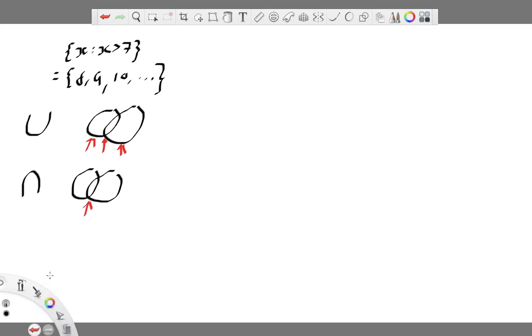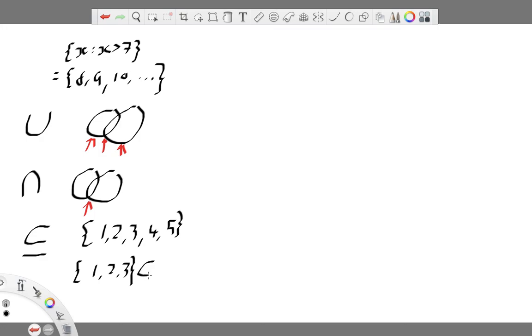We also looked at this notation, which was the subset. So if we've got the set 1, 2, 3, 4, 5, well then we could write that 1, 2, 3 was a subset of 1, 2, 3, 4, 5.